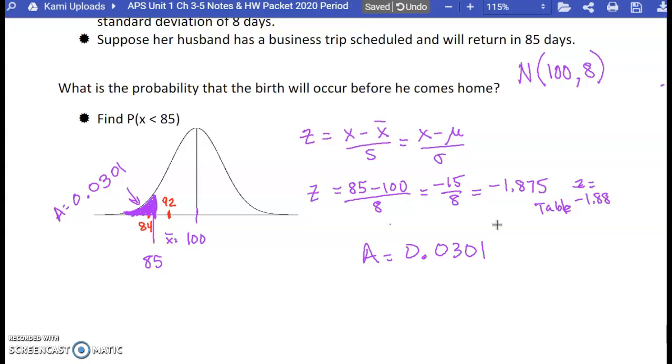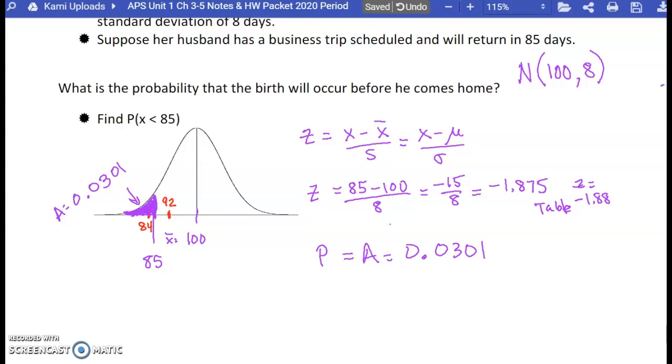That means that there is approximately a 3% chance that the birth will occur before the husband comes home from his scheduled business trip. Remember that the table gives us an area or a probability. Those are the same thing. The area represents the probability of something occurring.